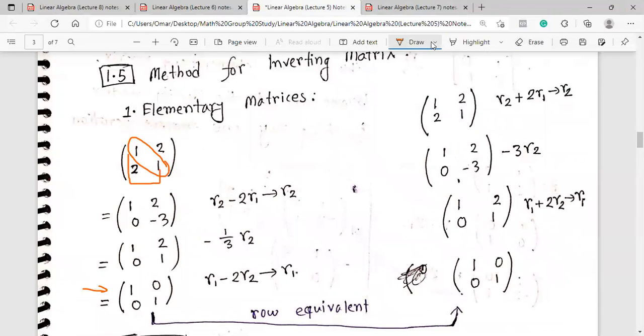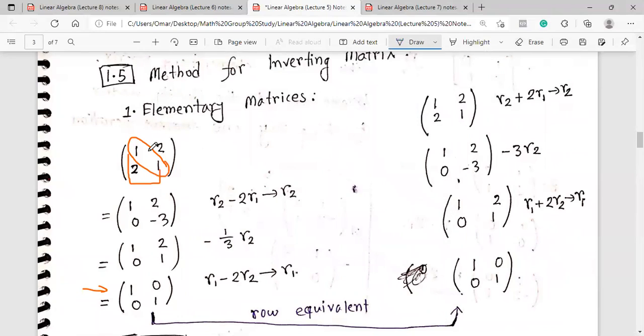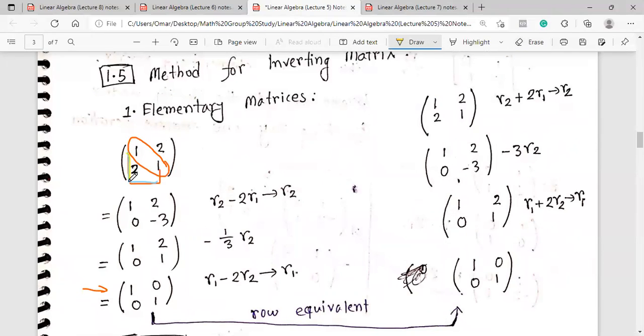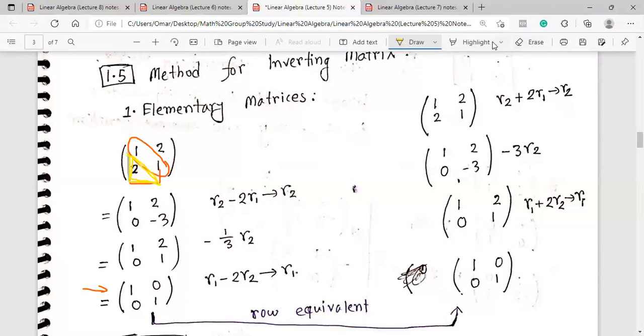Okay. Let me change the color. So I mean all the entries below here. Okay. I mean all the entries here, I need to make them 0. Okay. And this line here, this red line, okay, this is our main diagonal.